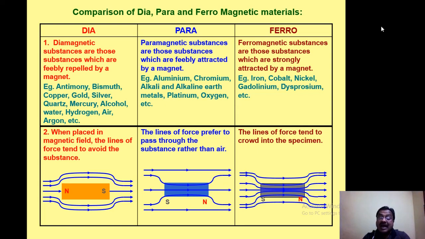Although in the case of paramagnetic substances lines of force penetrate and pass through the substance, there is no crowding, but the lines of force are perfectly present here. But in the case of a diamagnetic substance, no lines of force are inside the specimen.